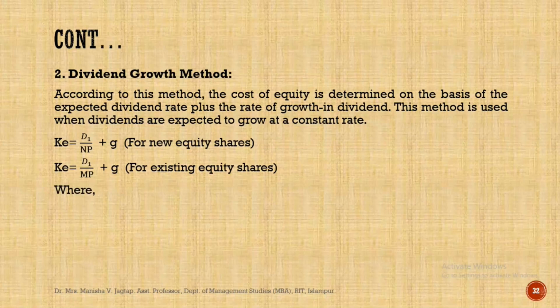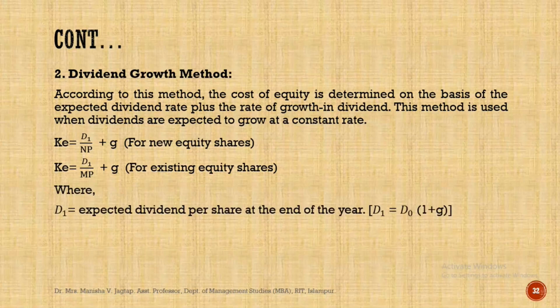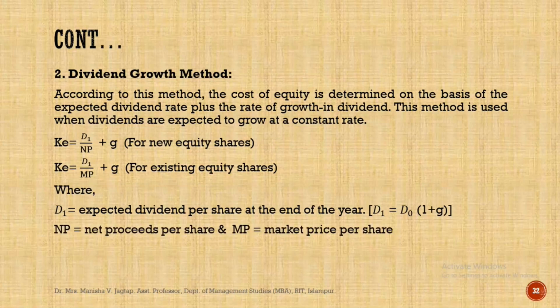Here D1 is the expected dividend per share at the end of the year. And this is the formula to identify the expected dividend per share. Next is NP, that is net proceeds per share, and MP is market price per share. G is here growth in dividend.